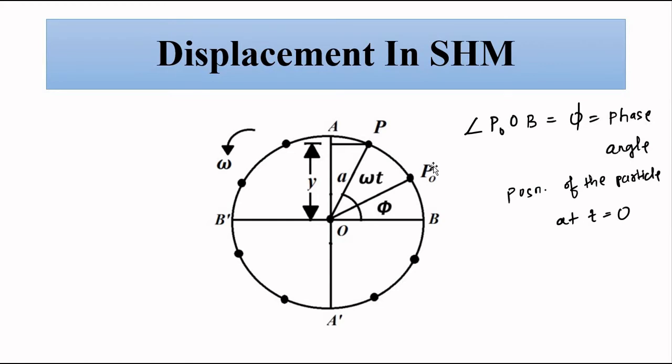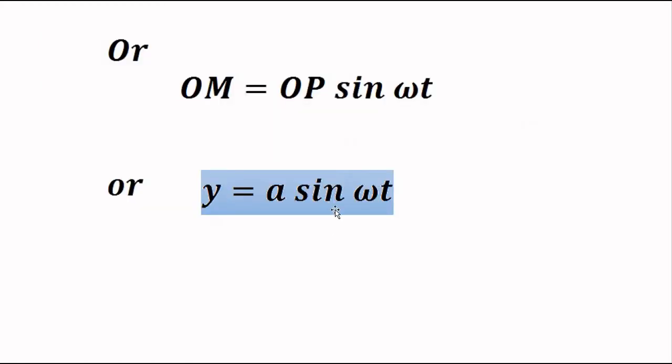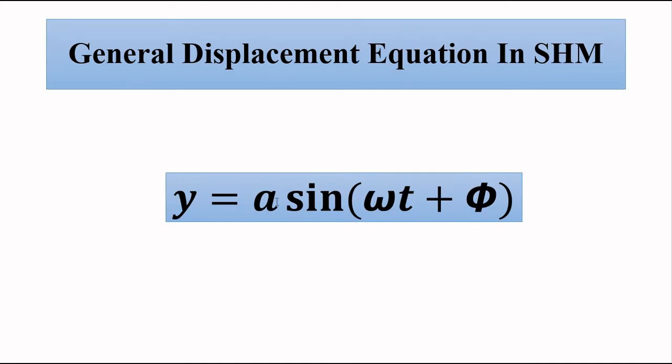So this equation a sin omega t, which is a simple mathematical representation of SHM, gets modified to a sin omega t plus phi. This phase angle gets added to it, and this is related to the initial position.